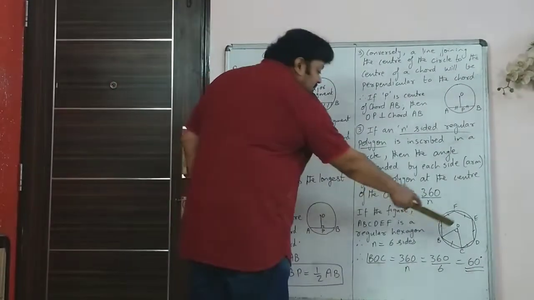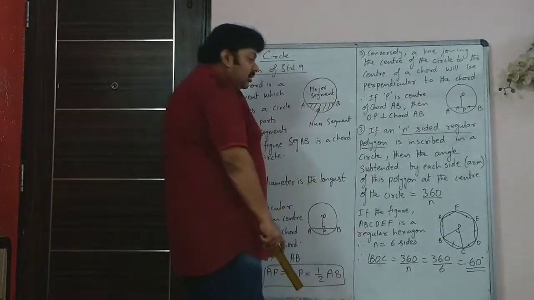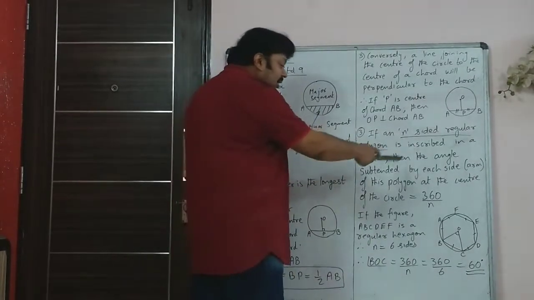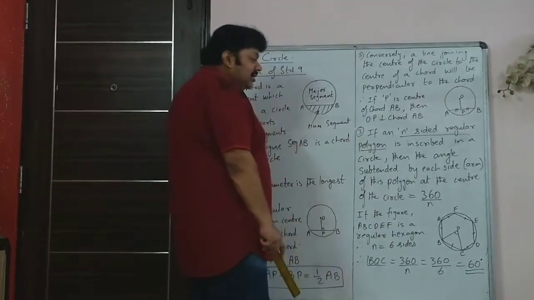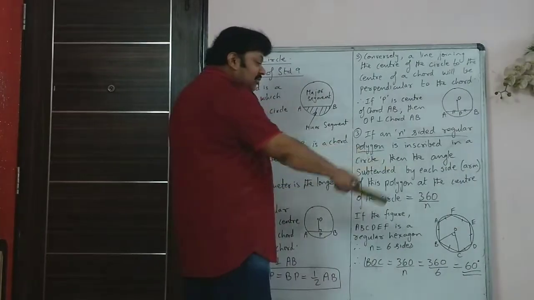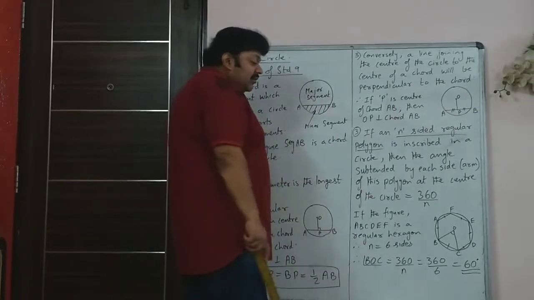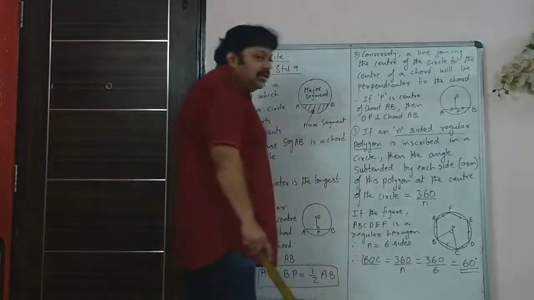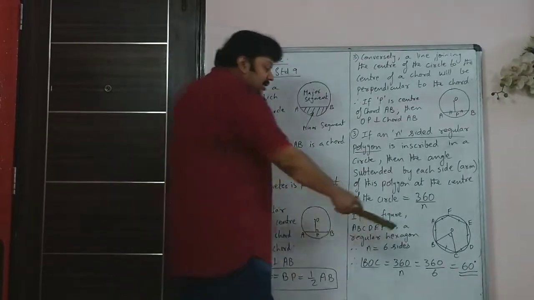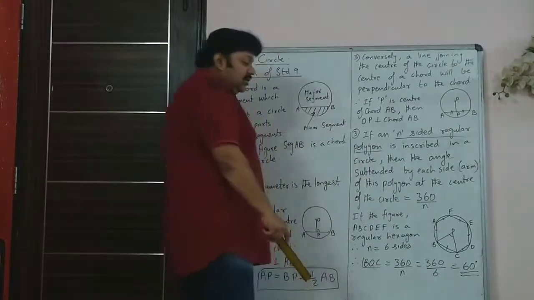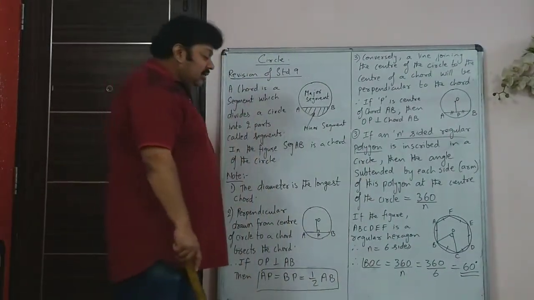So in this case you have an n-sided regular polygon lying on the circle, then the angle subtended by each side or arm of this polygon at the center of the circle is 360 upon n. So the angle subtended at the center will be 360 upon n.